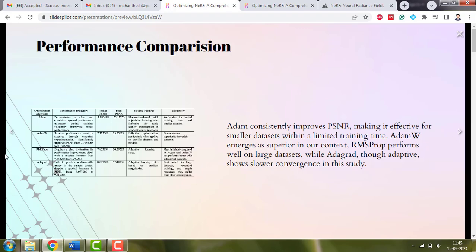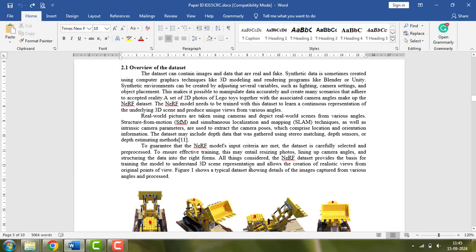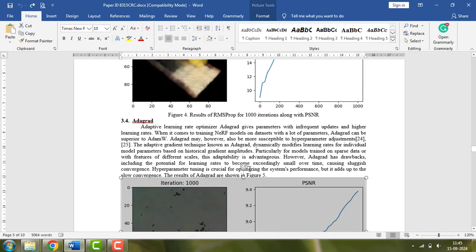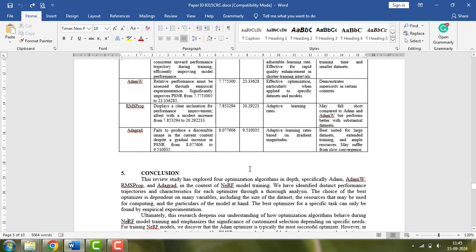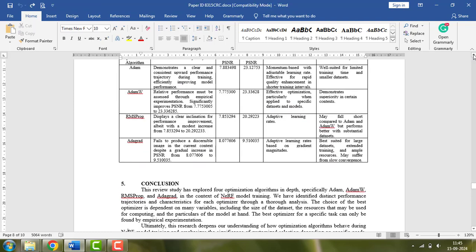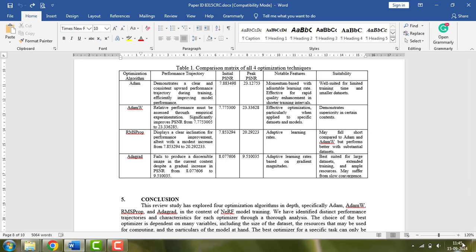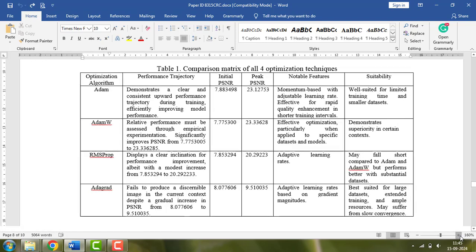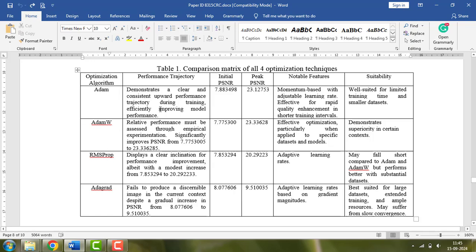These are the things that we tabulated in the performance comparison, and this image is a bit small, so I would like to go back to our paper and show that table. Okay. So if I see it in a larger manner, Adam demonstrates a clear and consistent upward performance trajectory during the training, efficiently improving model performance.